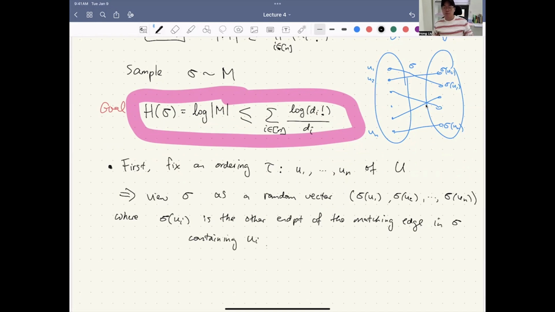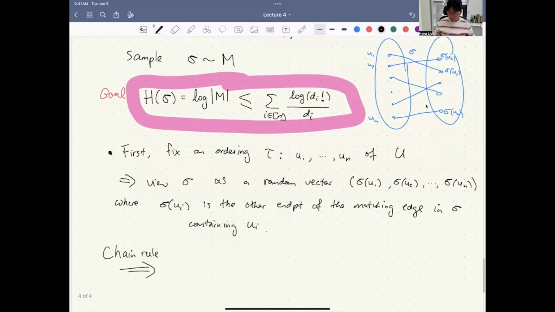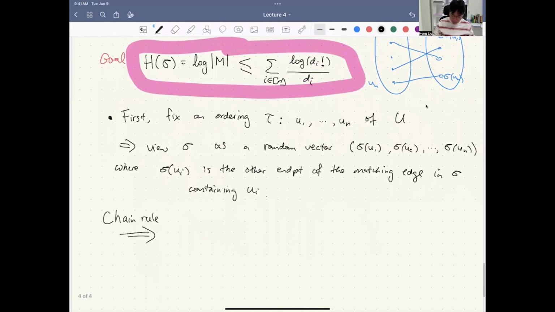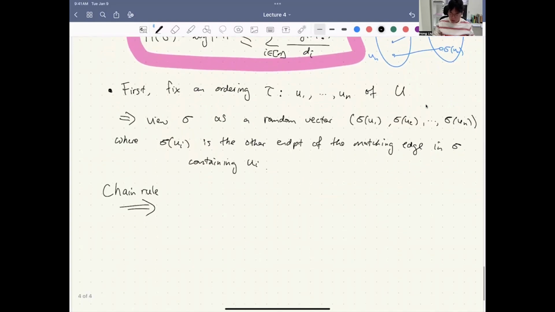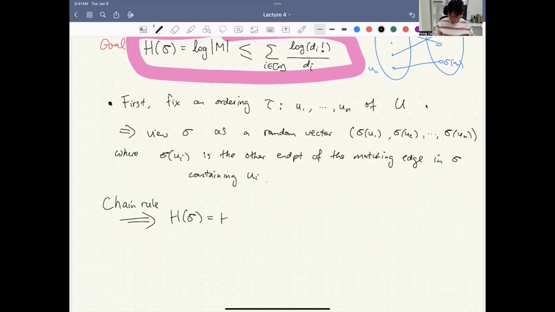Now we can use the chain rule to expand the entropy of sigma. Let's write it in vector form: the entropy of sigma U1 through sigma UN.